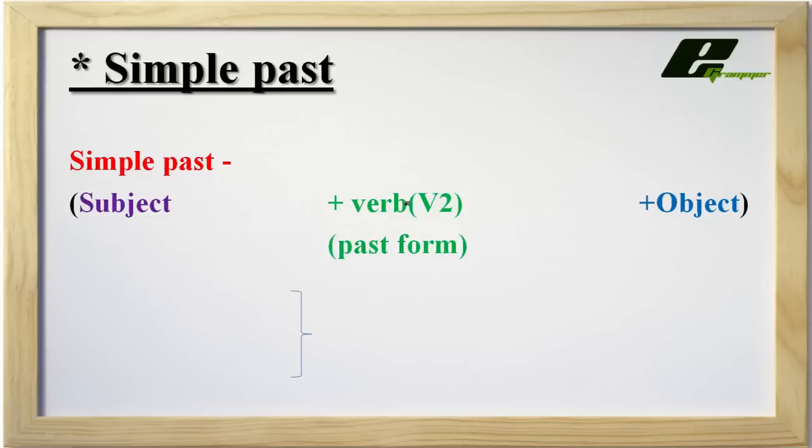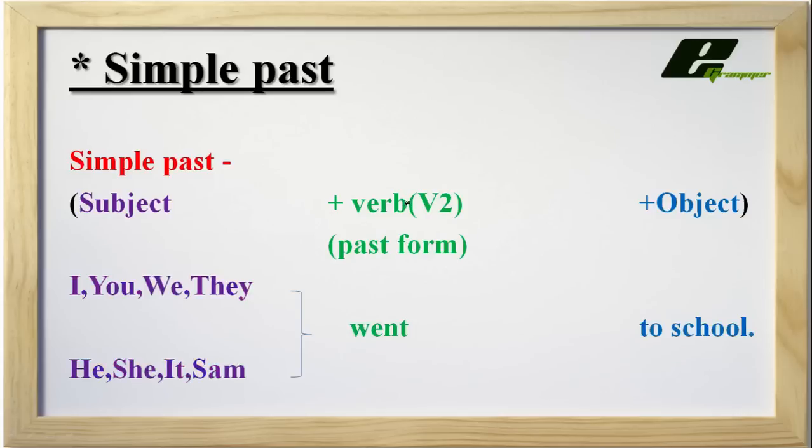See, an example for this, so you will get it much better. I, you, we, they, and he, she, it, and Sam. Now, here I'll make my sentence with Sam. Sam went to school. It means this action has already taken place in the past and we're talking about it. So went is the past form of go. Go is the base form, which is known as V1.